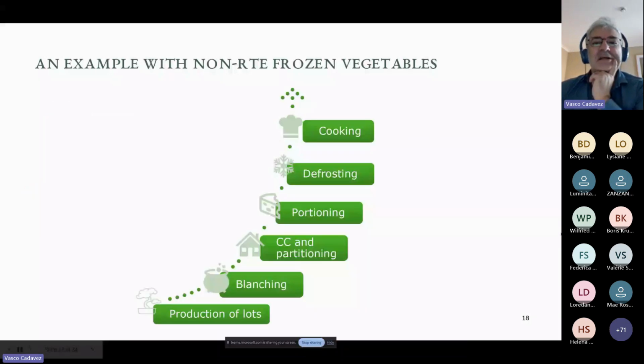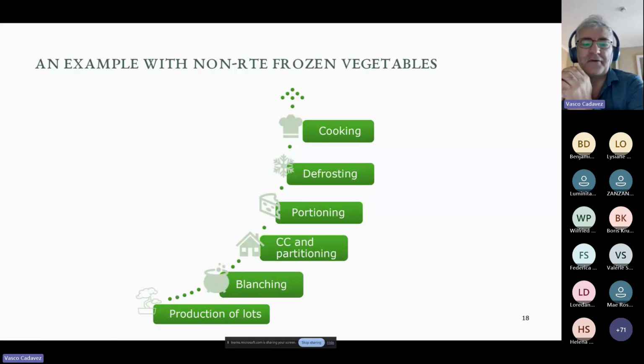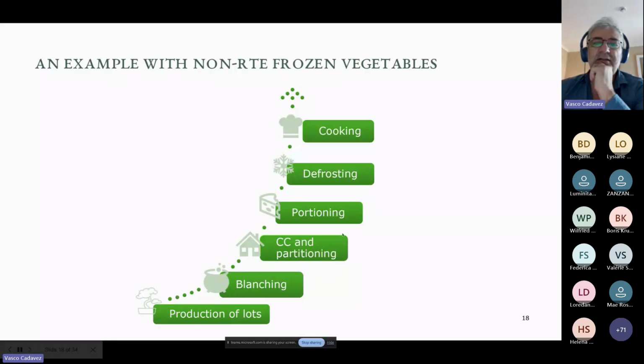Okay, so we start with the production lots in this example, go to blanching, then we divide the bulk that are arriving from the production, and we do the partitioning. Then we do portioning for at home level, we defrost and we cook or not.